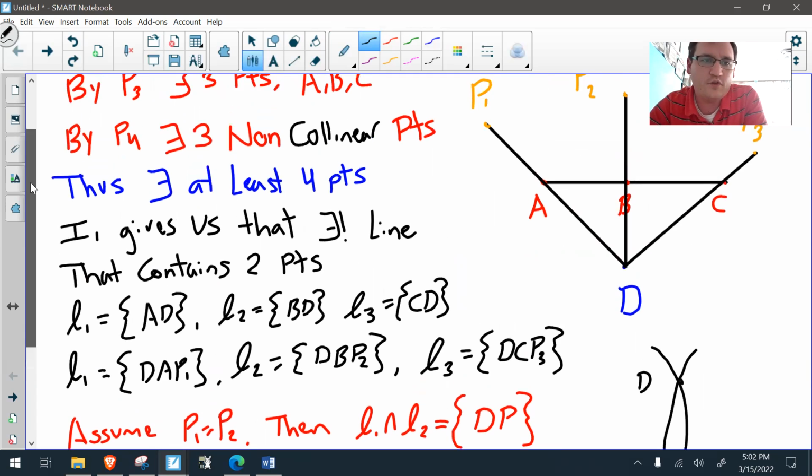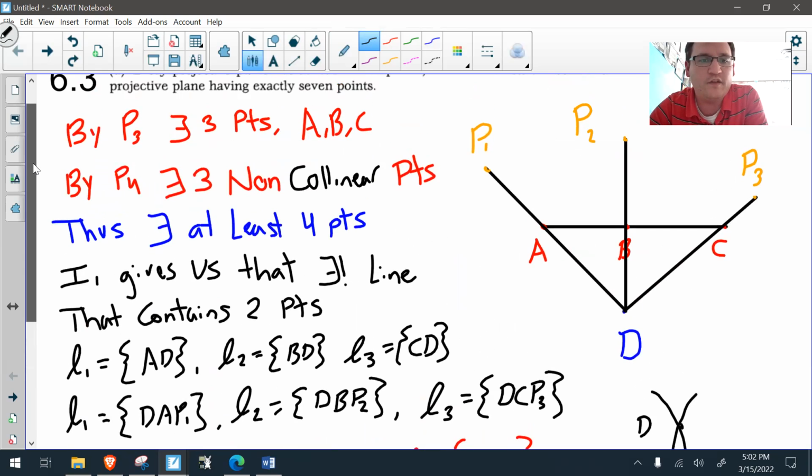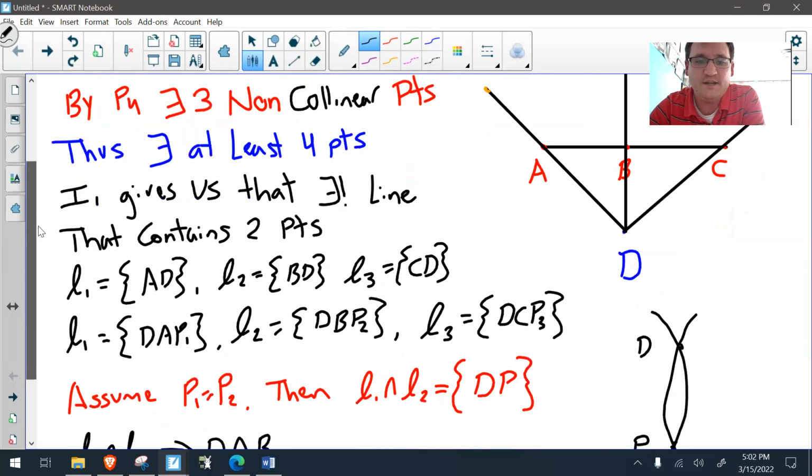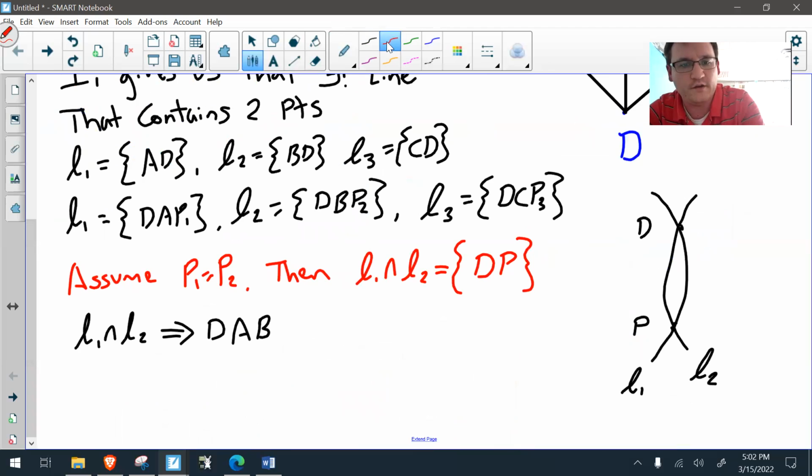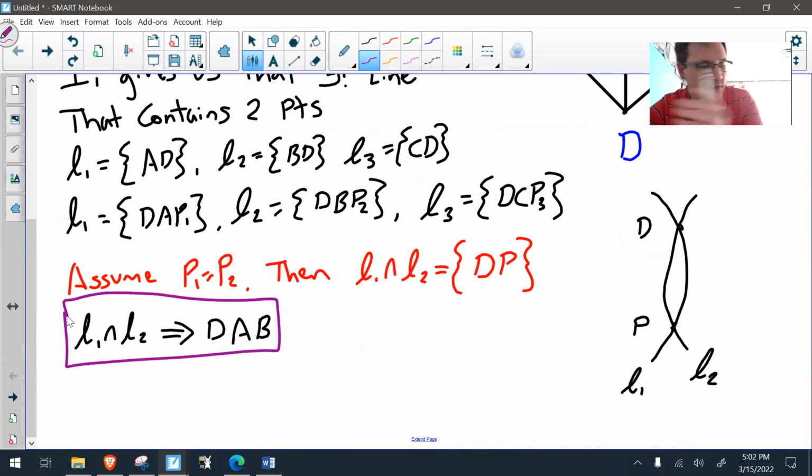However, by assumption, our second line here, P4, says there exist 3 non-collinear points, and that non-collinear point was point D. So this right here brings up our contradiction.